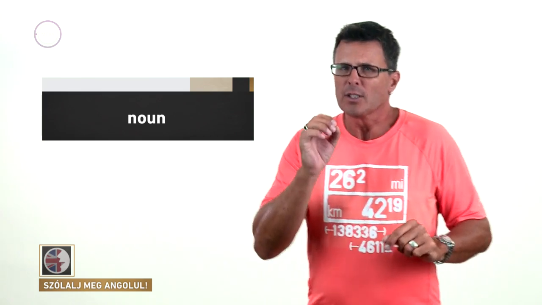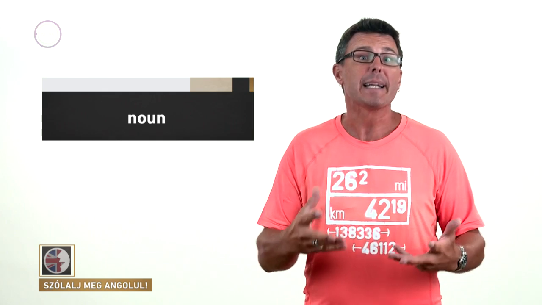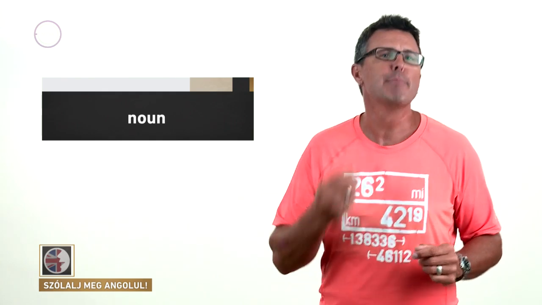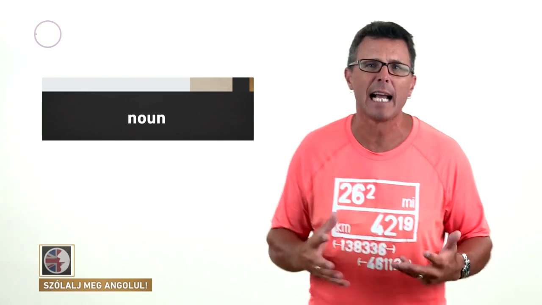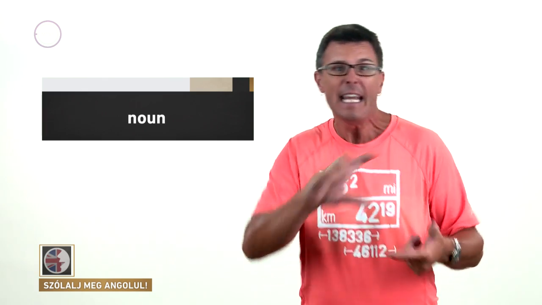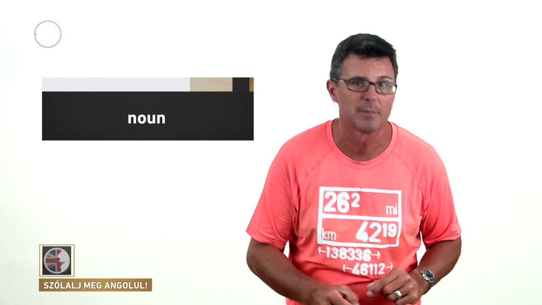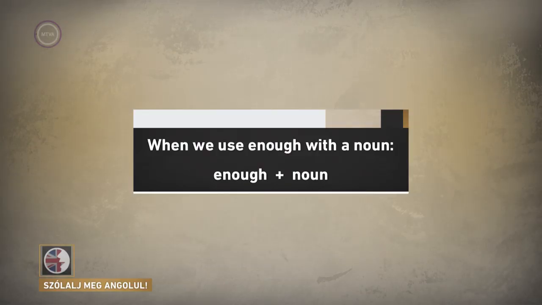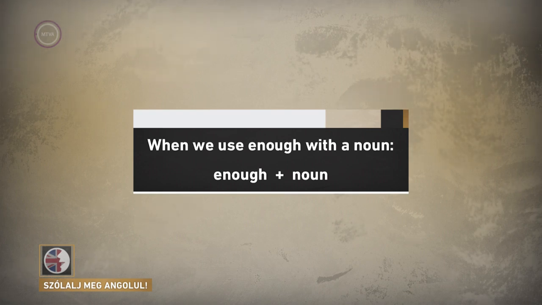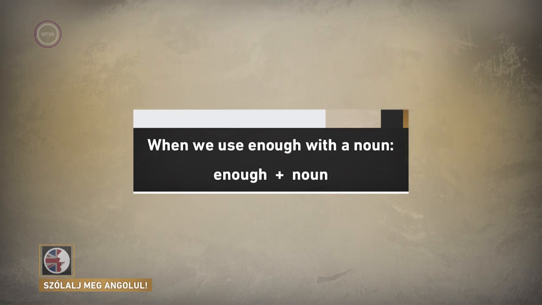Okay, so now that we all know that the word money is a noun, what does that mean for the example sentence? Well, what did I just tell you about the way we use enough in combination with nouns? That's right, Captain Pineapple. When we use enough with a noun, we put enough first and follow it with the noun. So the sentence should feature the words enough money.